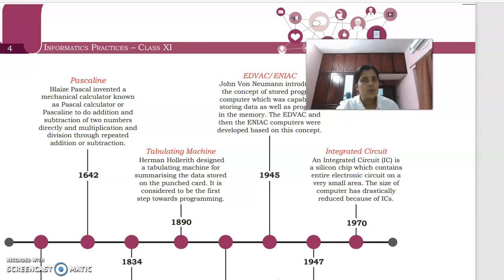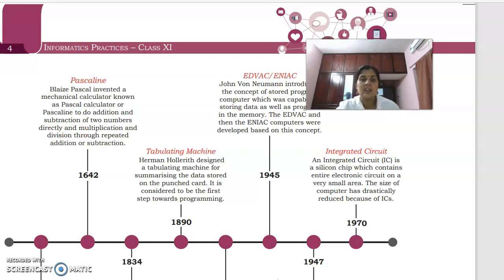But if you want to multiply or divide, repeated addition and subtraction takes place. You all studied in childhood that multiplication is repeated addition and division is repeated subtraction. So in Pascal's calculator, repeated addition and repeated subtraction takes place for multiplication and division.